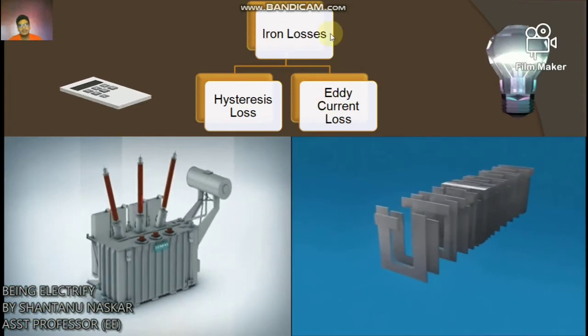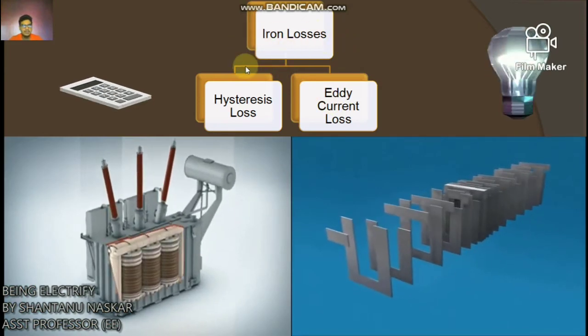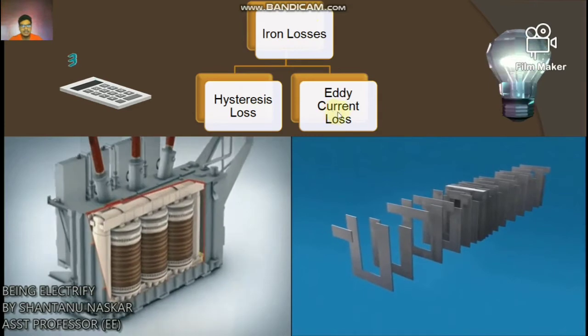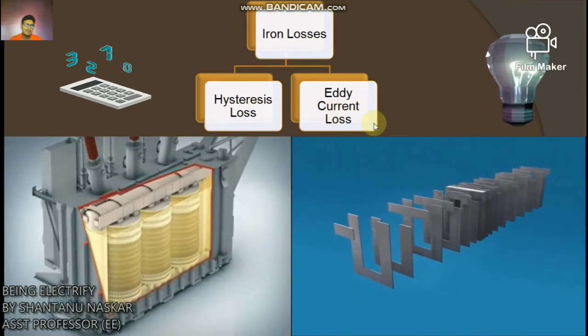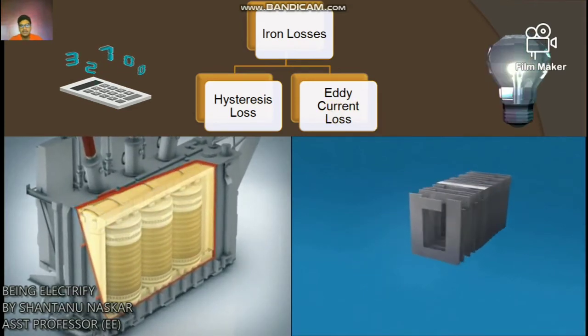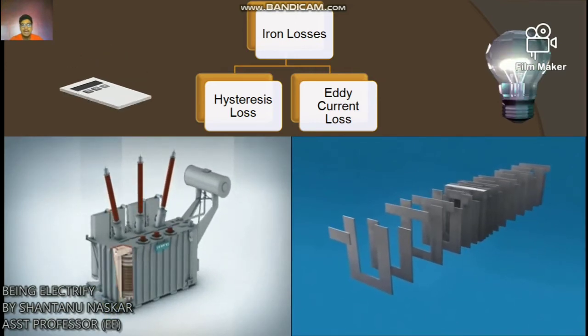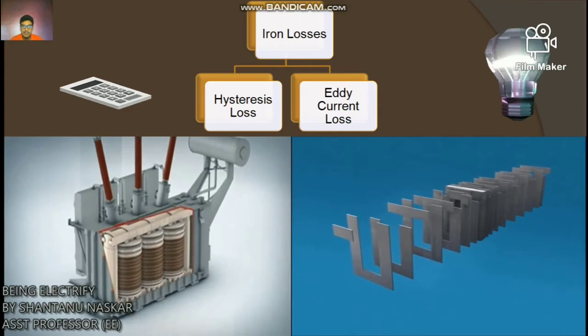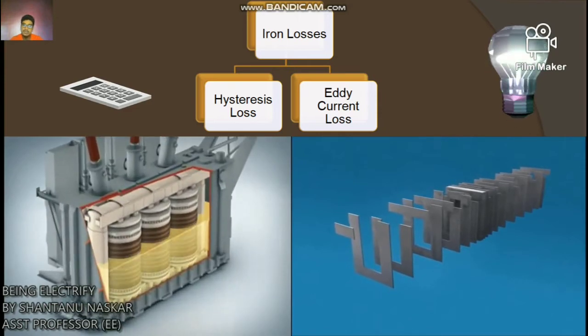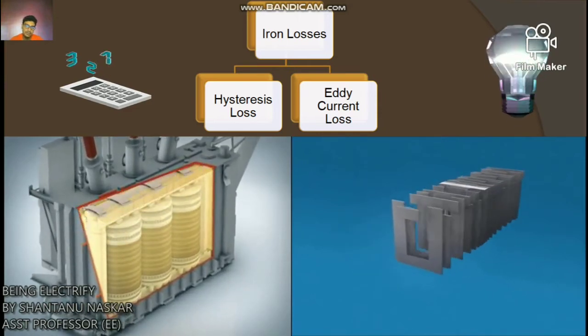Iron losses are of two types: hysteresis loss and eddy current loss. Iron losses are caused by the alternating flux in the core of the transformer. As this loss occurs in the core, it is also known as core loss.